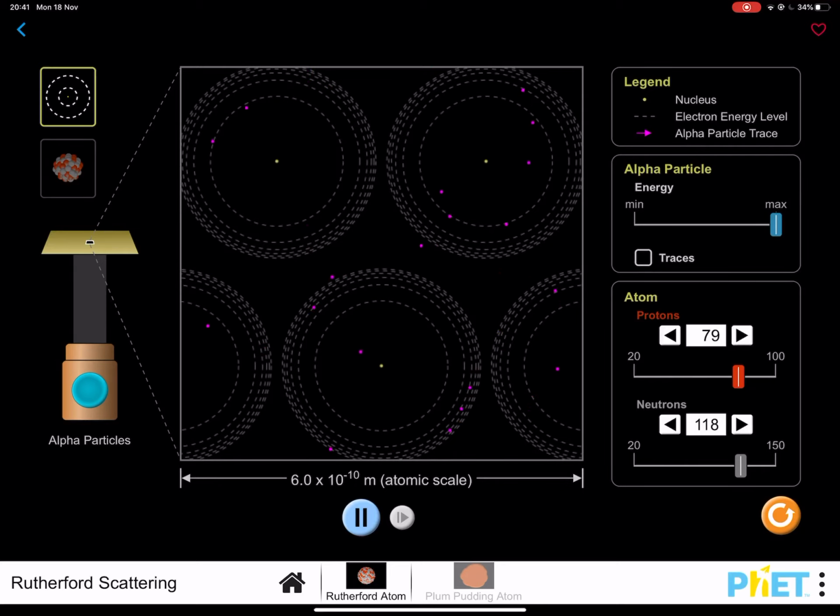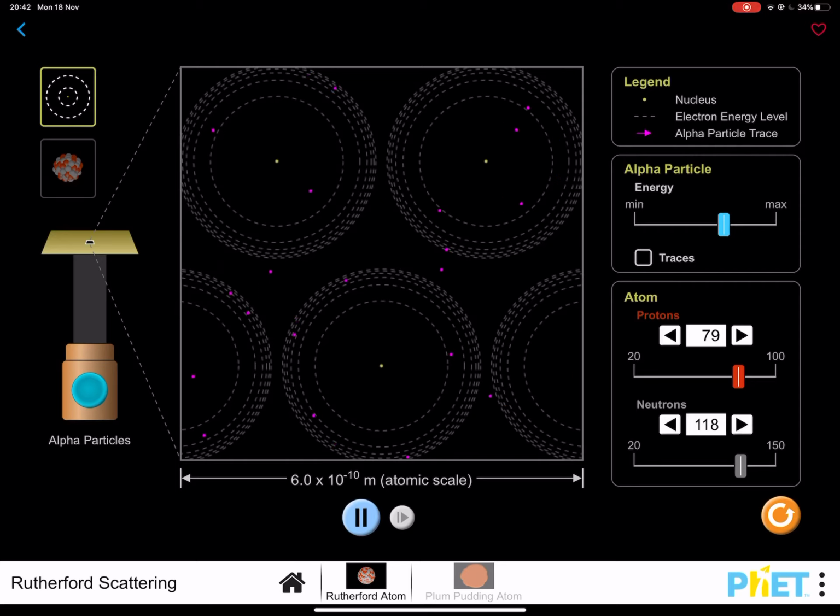However, they do show the nucleus in the center, and we have electrons orbiting the nucleus. As you can clearly see, if I slow down the energy of the alpha particles, there are clear deflections, bending of the trajectory, and in certain instances you can see the purple dots, or the alpha particles, hitting the yellow dot and bouncing back.